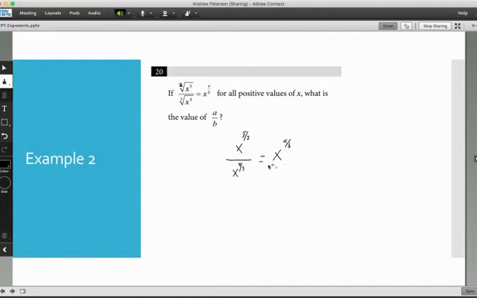Okay, great. So now that I took care of these roots, we need to figure out what we're doing when we divide. Okay, well, if we're dividing terms with similar bases, we take a step back and we subtract. So we're really doing 5 over 2 minus 4 over 3.